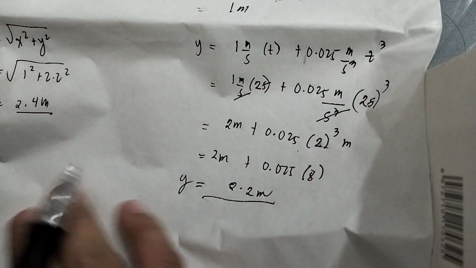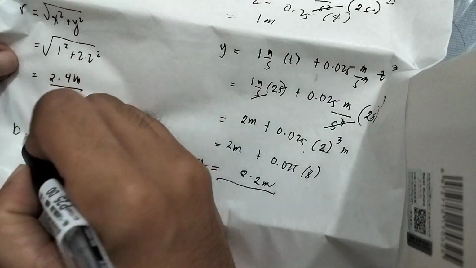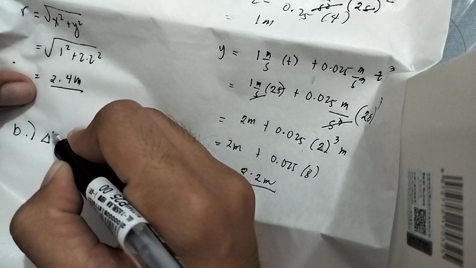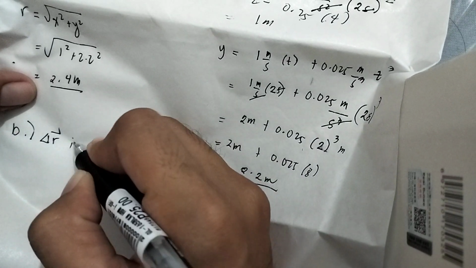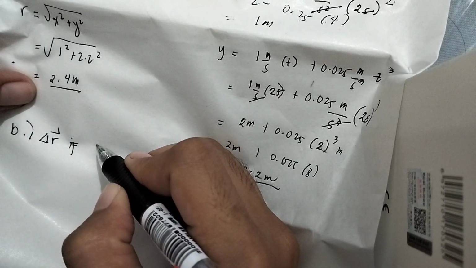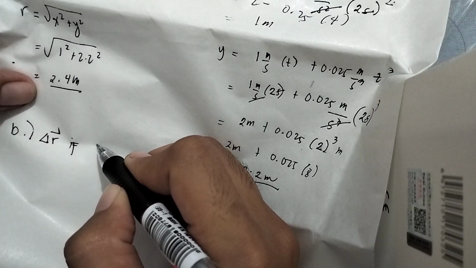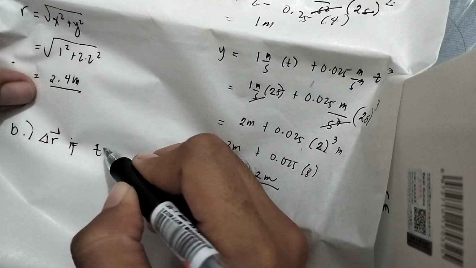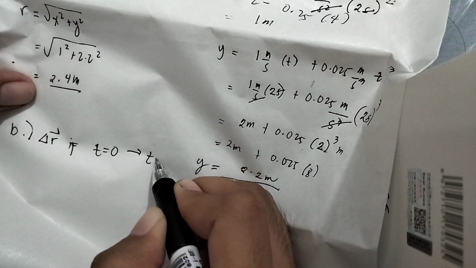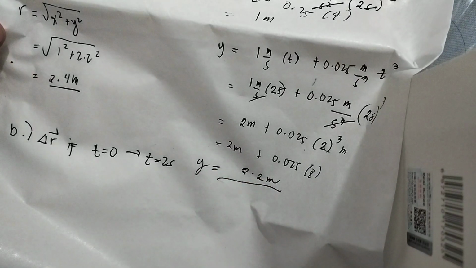So, for B, yung tao na to ni si delta R, gikan siya sa iyahang position vector at time equal to 0 padulong sa 2 seconds.